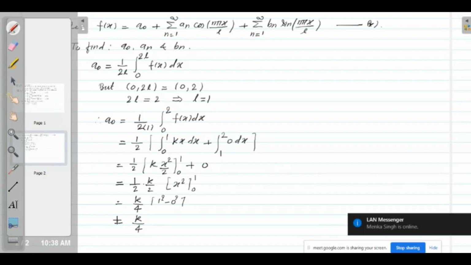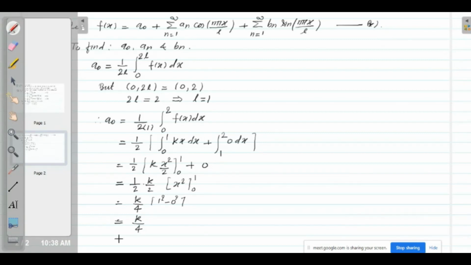So from this you got a naught is k by 4. Similarly, you can determine an.